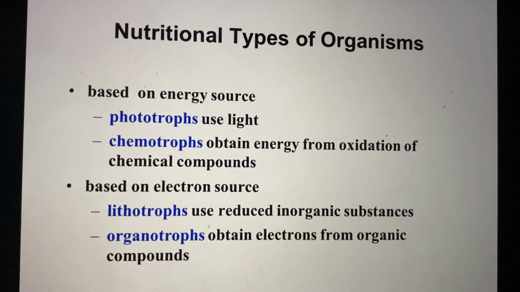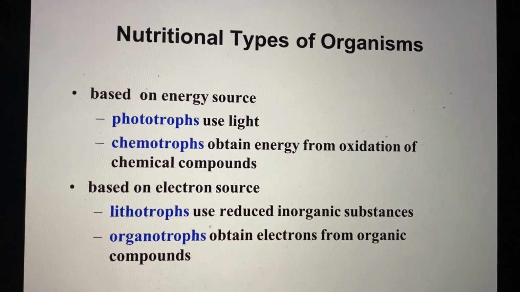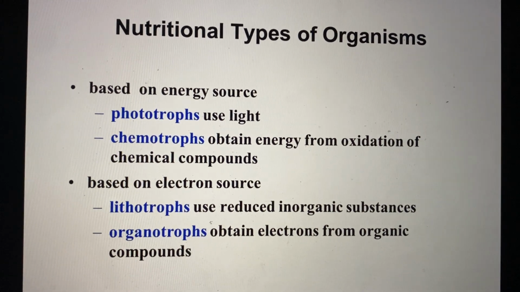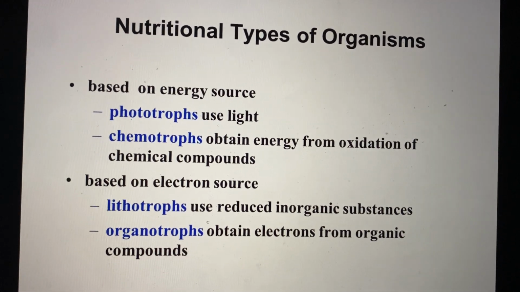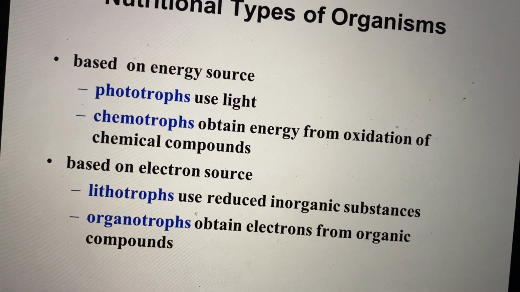So based on the nutritional types, as we branch them off based on their carbon source, we had them as heterotrophs and autotrophs. Now, based on the energy source which they use, they are categorized as phototrophs and chemotrophs.